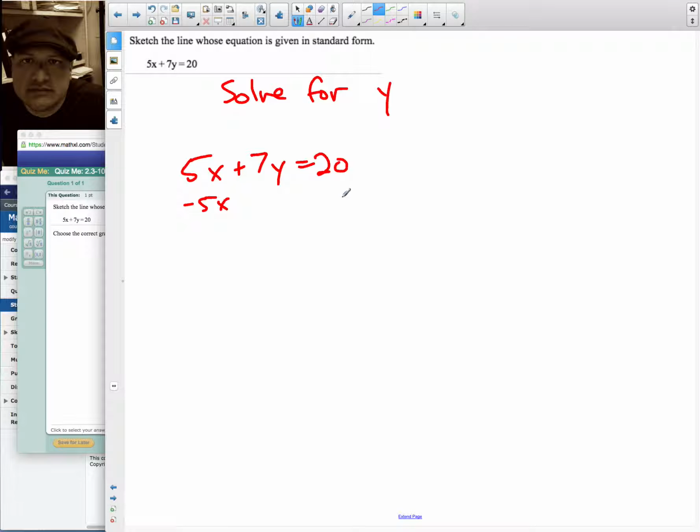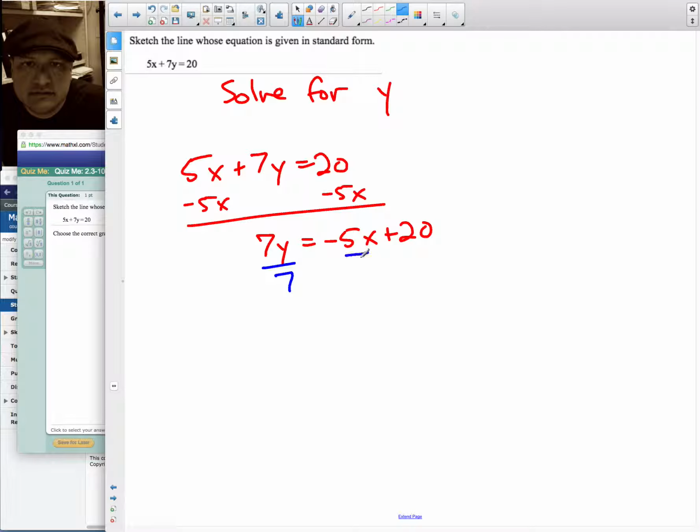Subtract 5x. And yes, we're going to have fractions, but that's okay. 7, 7, 7. Y equals negative 5 sevenths x plus 20 sevenths.